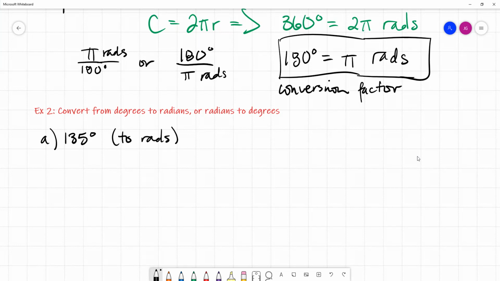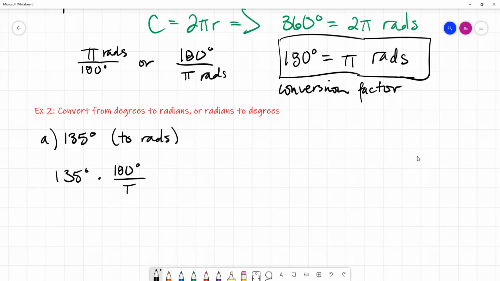Okay, so how do we know which one to do? How do we know which one's going to be the right conversion factor to use? Well, I'm going from degrees to radians. So if I want to multiply 135 degrees by one of these, I don't want to multiply by 180 over pi, because then I don't get rid of these degrees. I actually get degrees squared divided by pi radians, and that's scary.